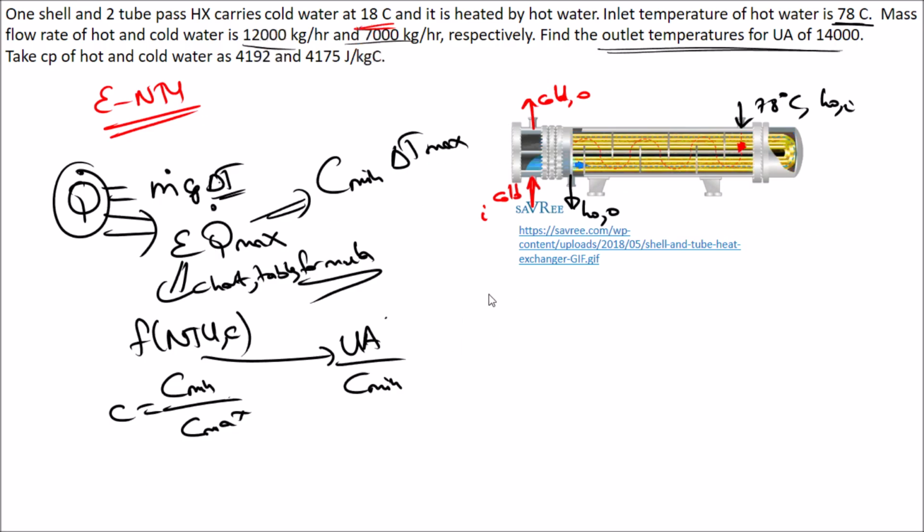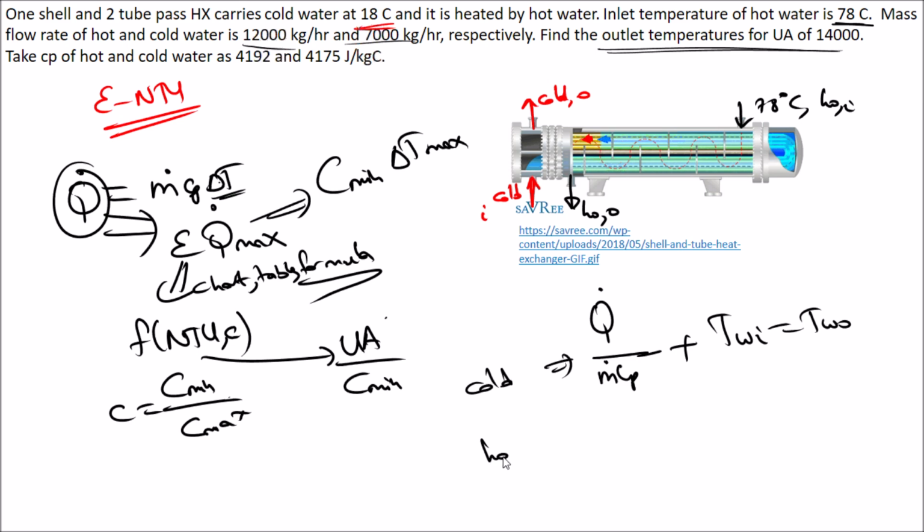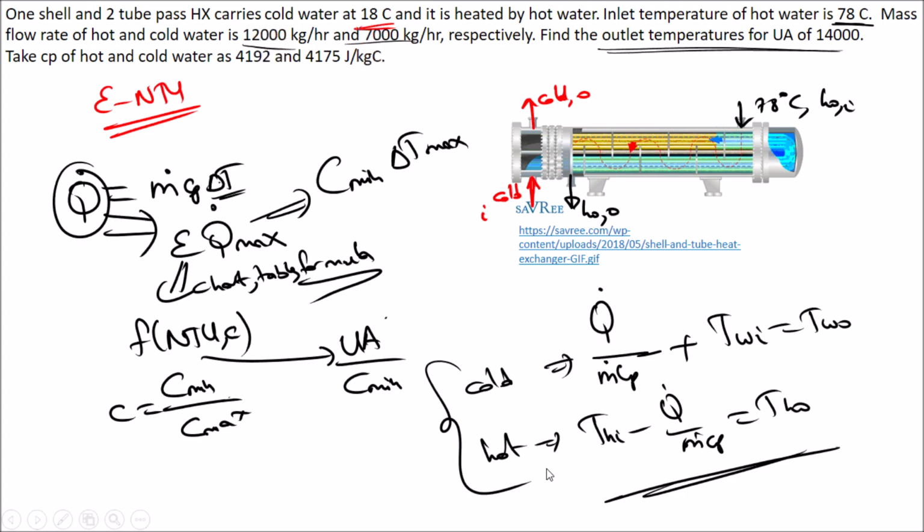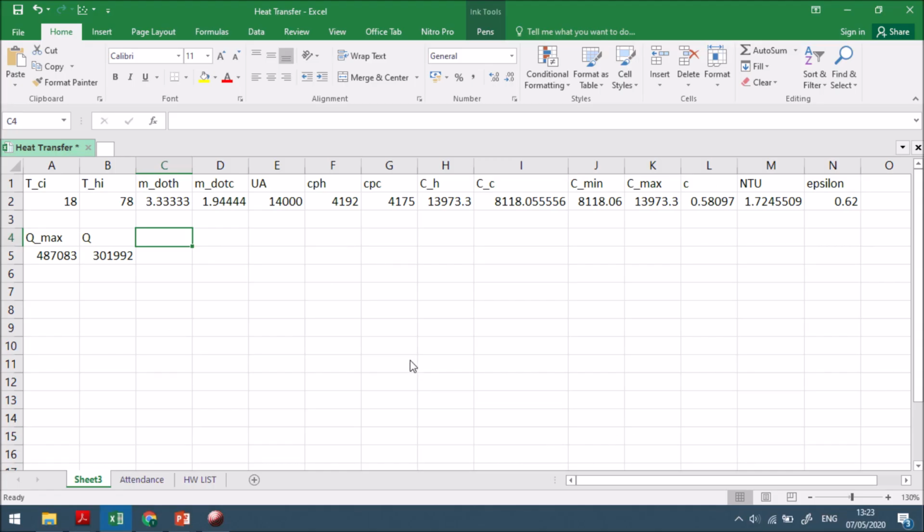Then I can find the outlet temperatures. I know the Q value; if I divide Q by m dot Cp and add it to the water inlet temperature, I get the water outlet temperature. This is for the cold part. For the hot part the temperature drops, so it will be T hot inlet minus Q dot over m dot Cp, which gives T hot outlet. Let me write those equations.